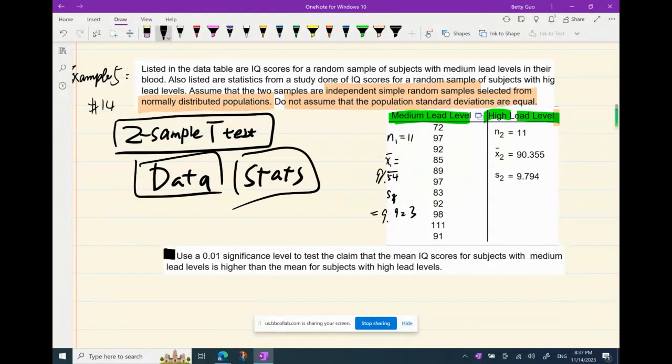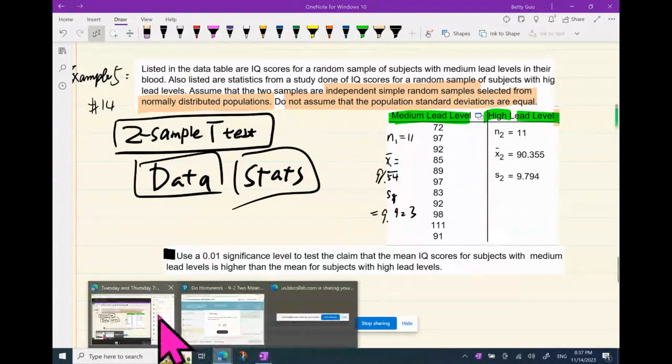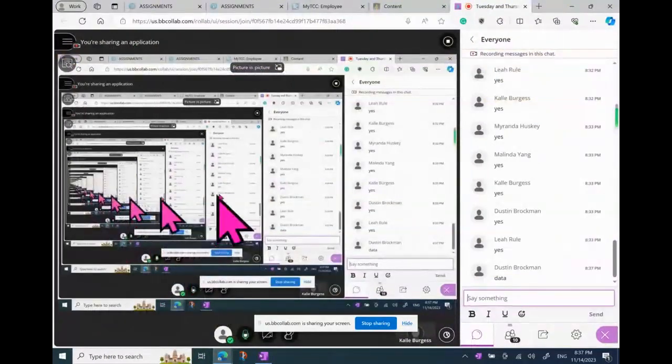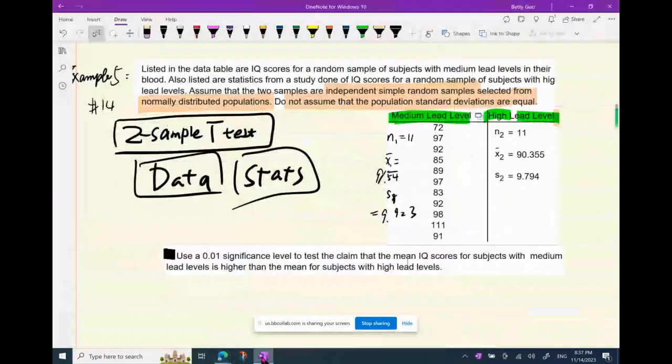This one is special because for one sample we have the raw data, and for the other sample we do not have the raw data, we have the statistics: mean, sample standard deviation, and sample size. What should we do for that? We should use stats. You know why? Because from the raw data, we are able to find the statistics, like sample size. How many?